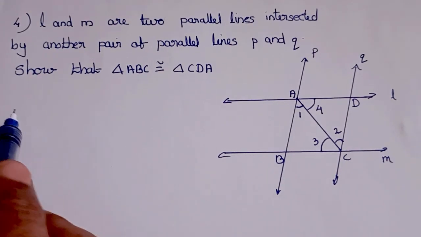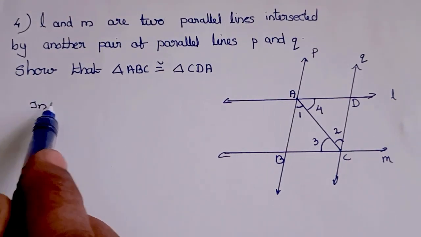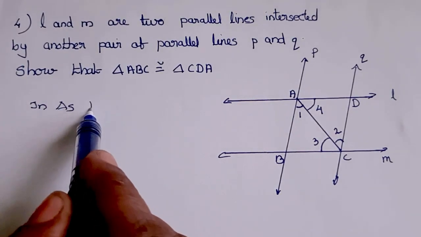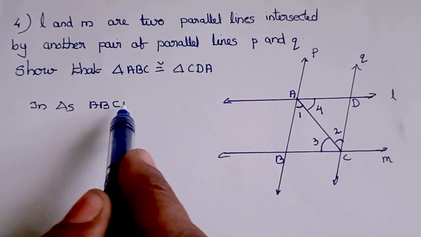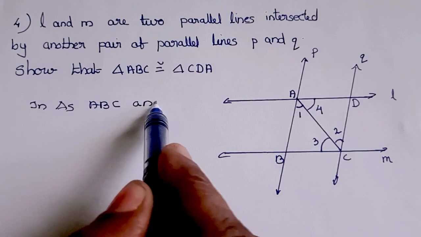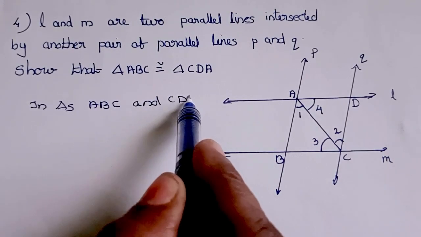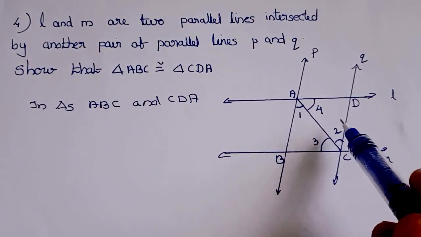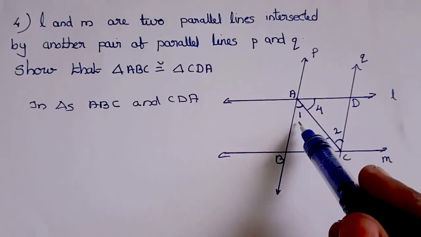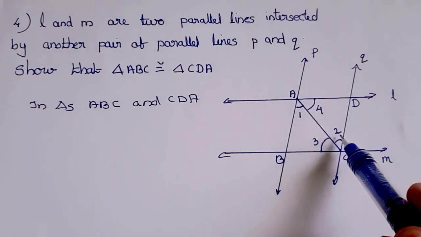For that, solution. In triangles ABC and CDA, we have angle 1 equal to angle 2, reason alternate interior angles.